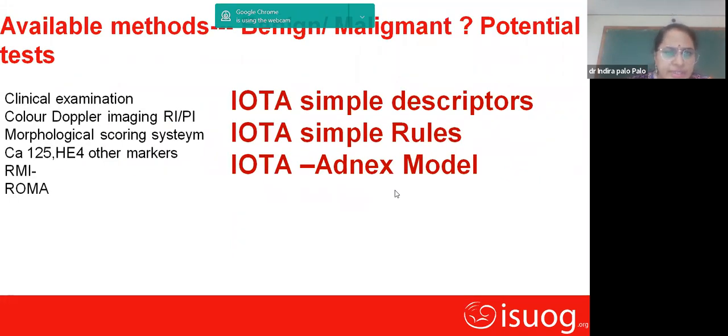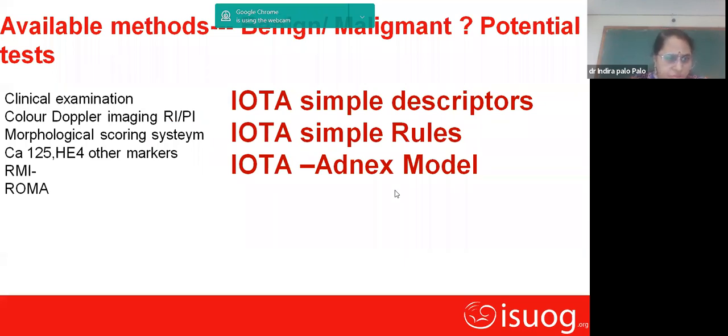Clinically, we do a clinical examination. We see the abdominal mass, its mobility and fixity, and its consistency, and do Doppler imaging and the RI and PI. Previously, when I was a postgraduate student, we had many theses on the RI and PI of the septum or mass as an indicator of malignancy.